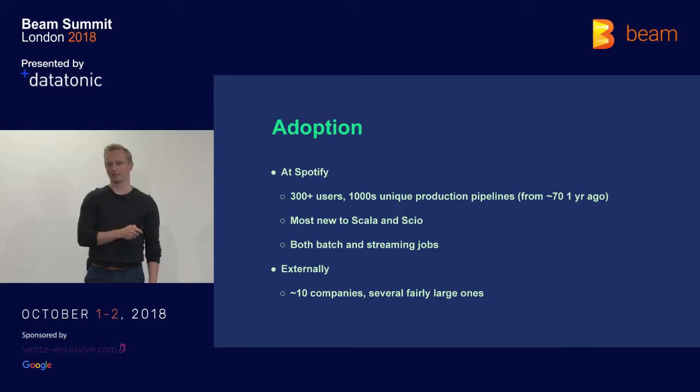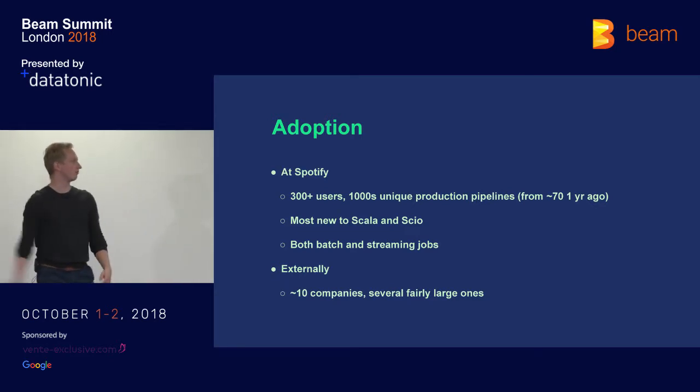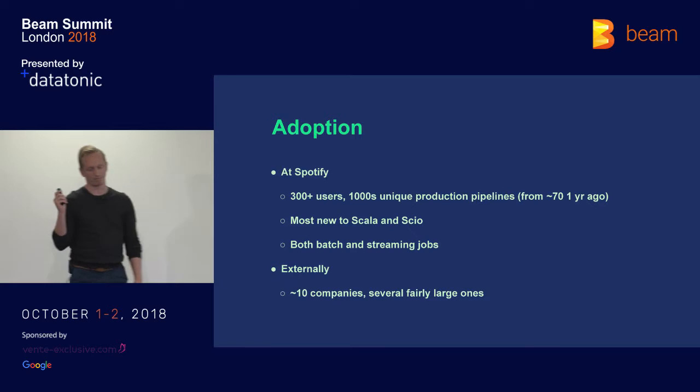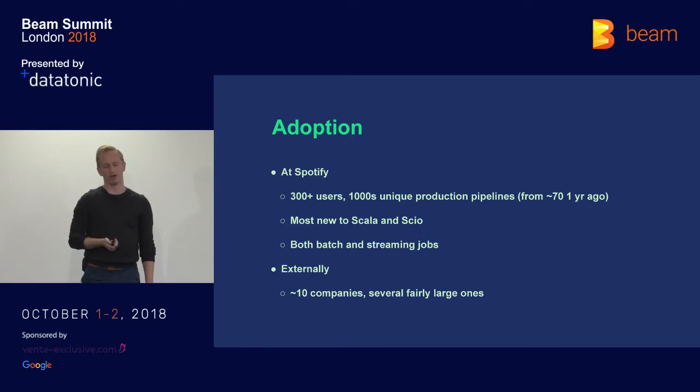One year ago, we had 70. Most of the pipelines we are writing are written with Scala and Scio. And we use it for both batch and streaming jobs. We know that roughly 10 big-ish companies are using Scio, although they don't want to talk about it, but they do.